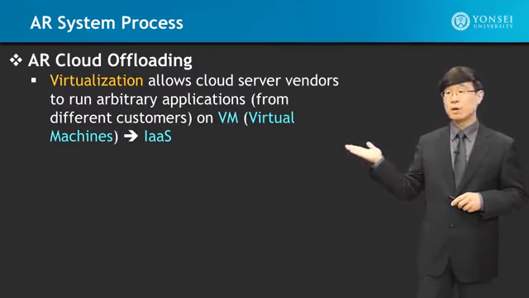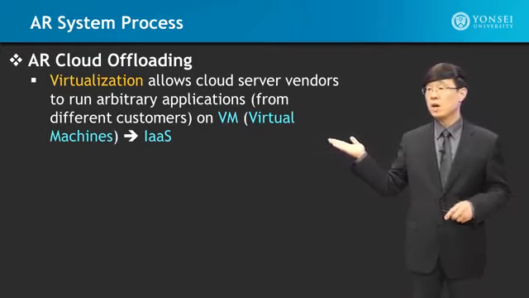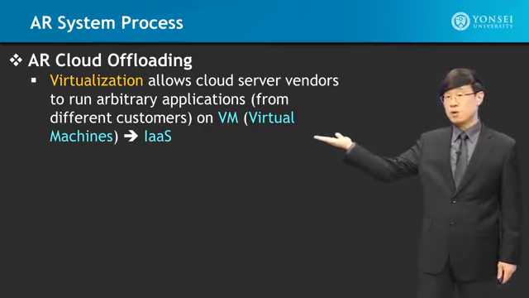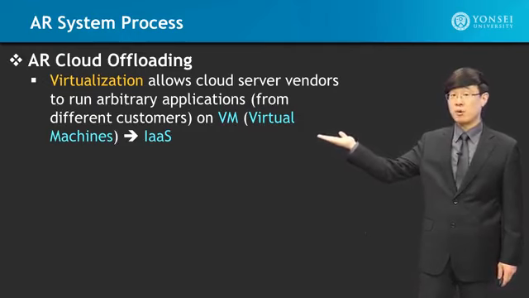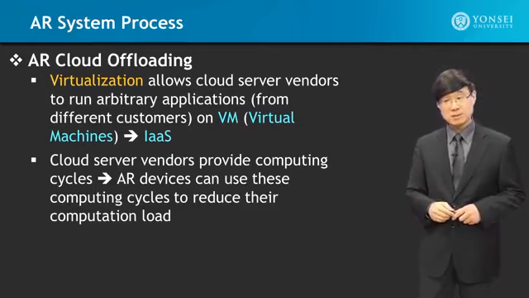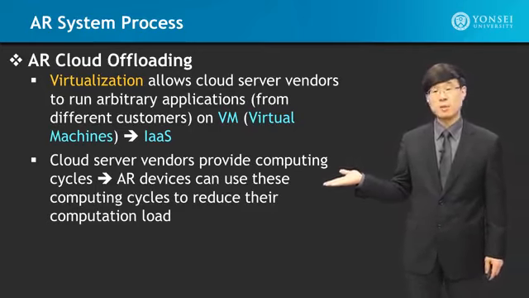Cloud offloading, virtualization, allows cloud server vendors to run arbitrary applications on virtual machines. In cloud computing, this is like infrastructure as a service, the IaaS operation. Cloud server vendors provide computing cycles where AR devices can use these computing cycles to reduce their computation load.